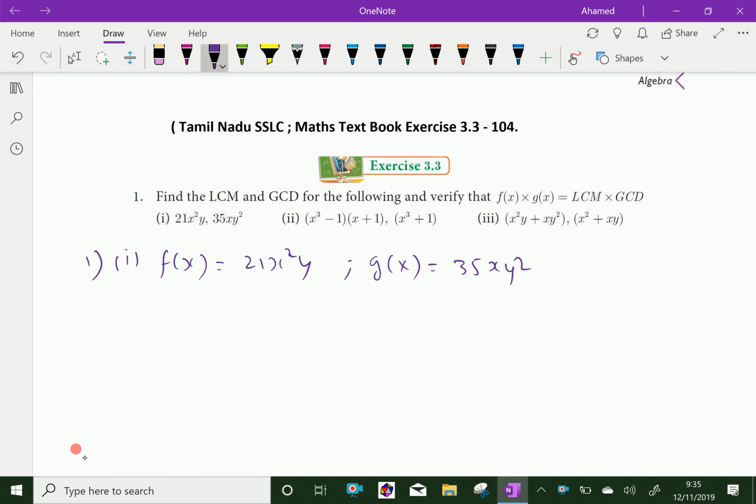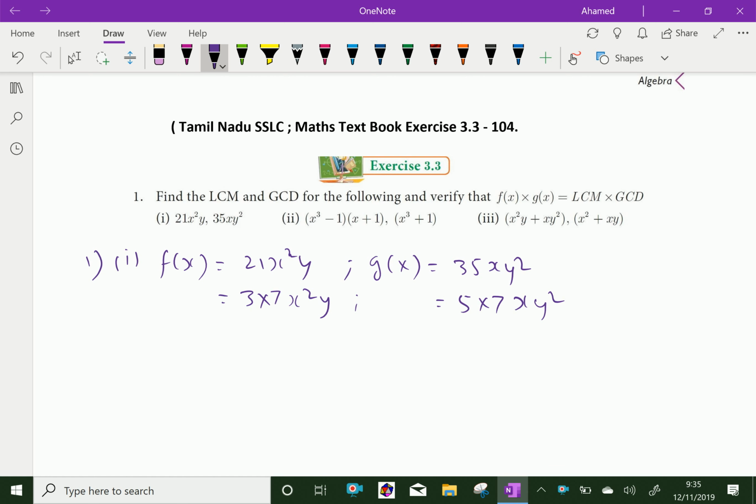Now further, f of x we can split 21 as prime factors 3 into 7, x square y. Here g of x, 35 is 5 into 7, x y square.